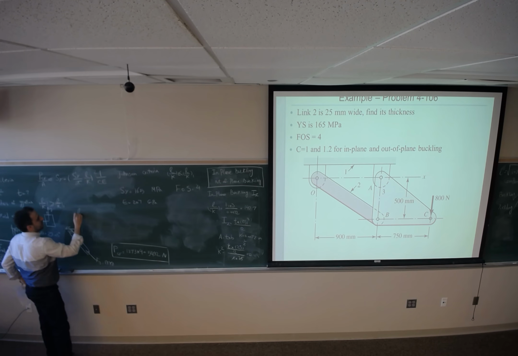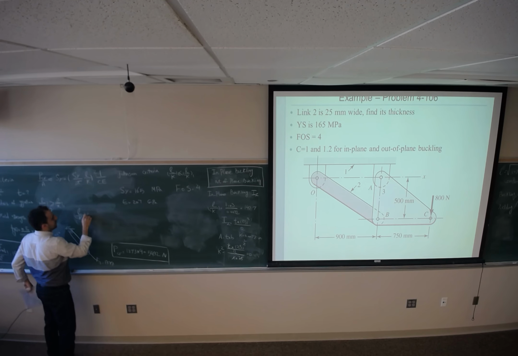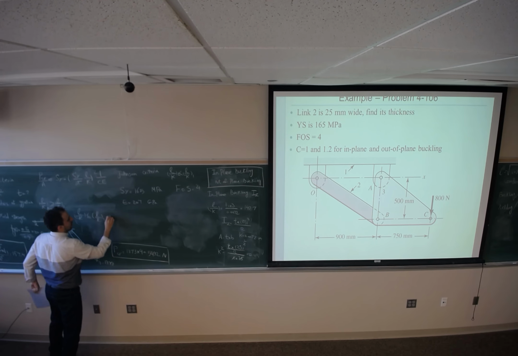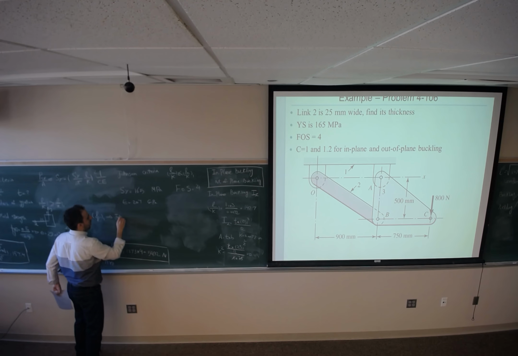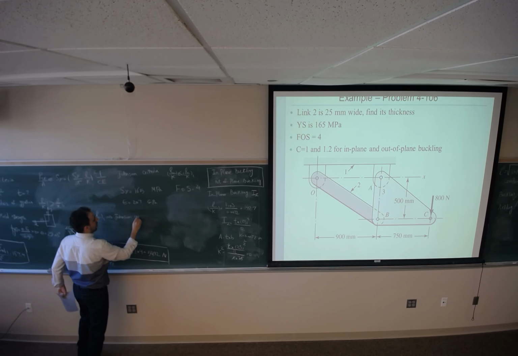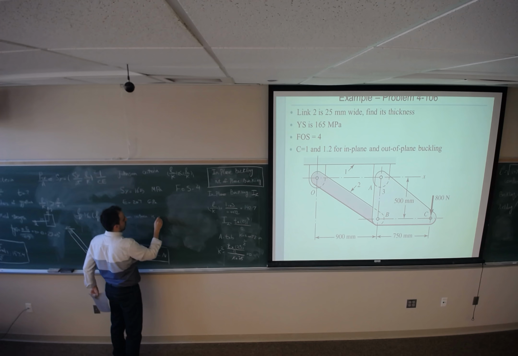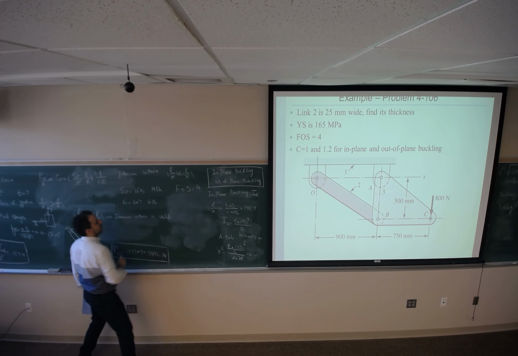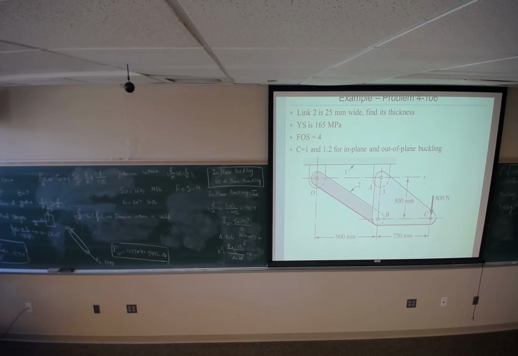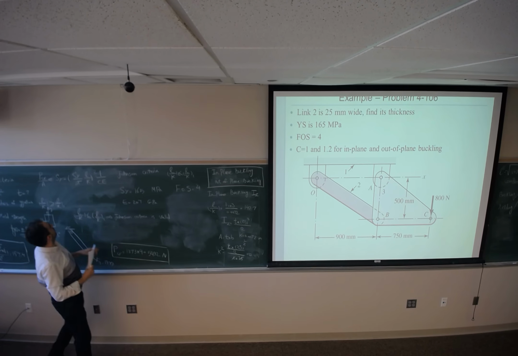L over K is less than L over K1, so Johnson. So L over K1 is greater than L over K. We are going to use this one.